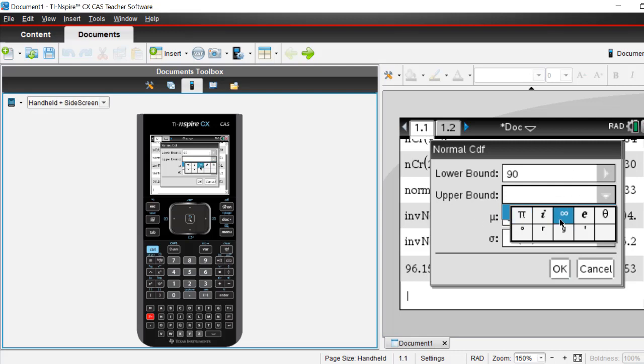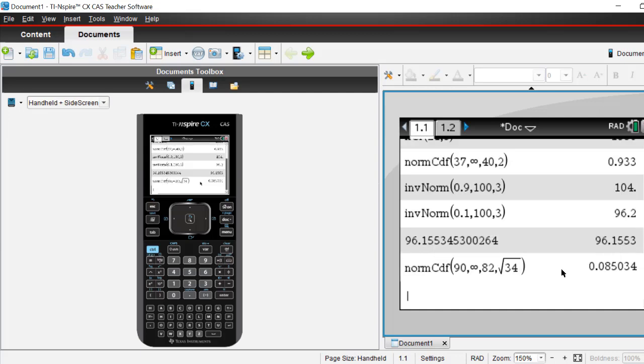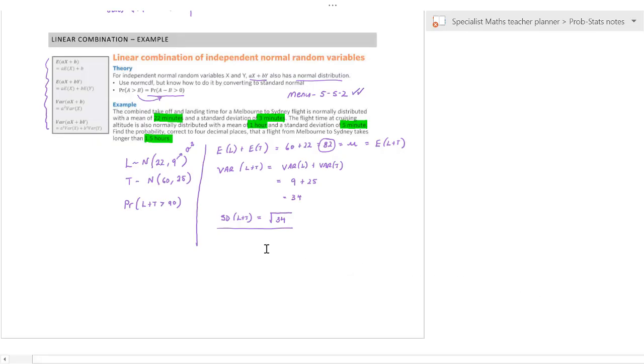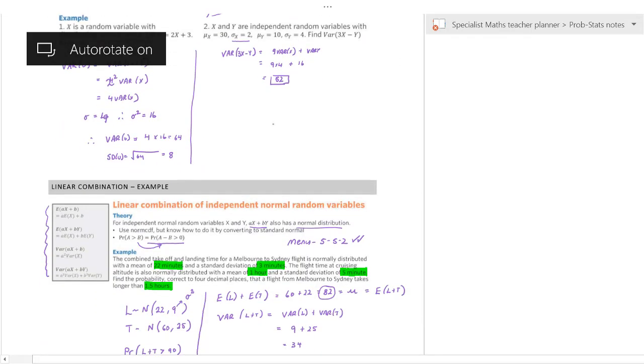I go to here. And let's see, 0.085. Now, I want you to think about it. Is that correct? Have I done it correctly? Do you agree with everything I've done?